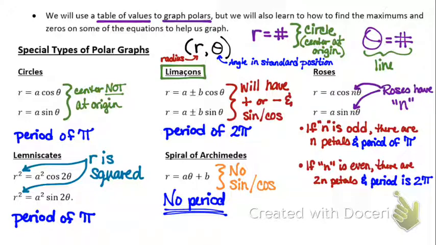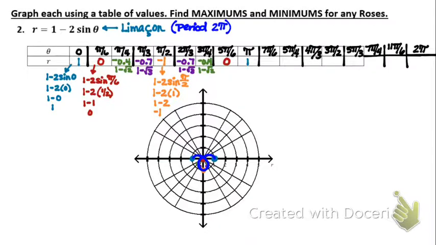And then I want to go finish up number 2. We'd gotten this far yesterday on number 2. So we are ready to substitute in 7 pi over 6. So we have r equals 1 minus 2 sine of 7 pi over 6.